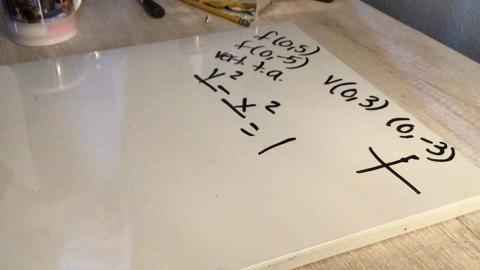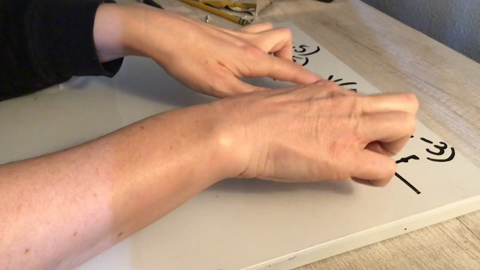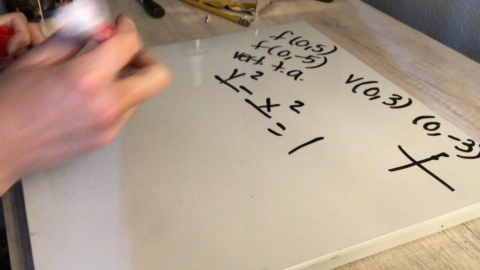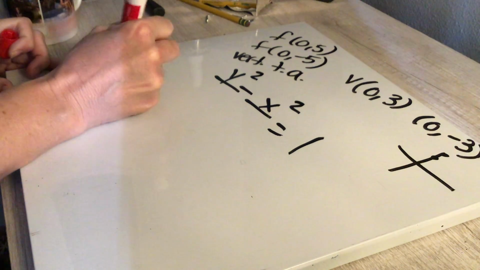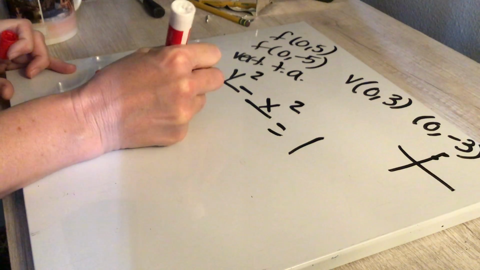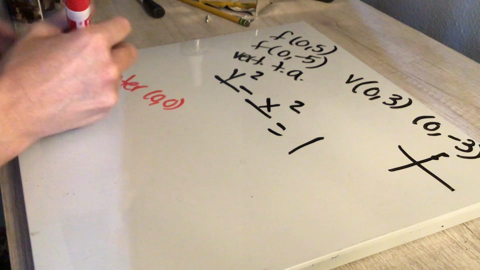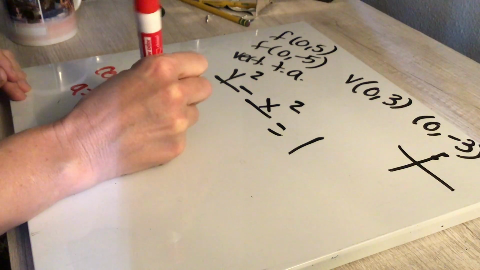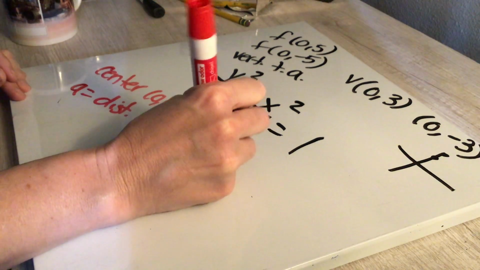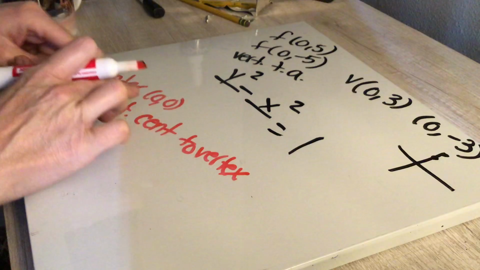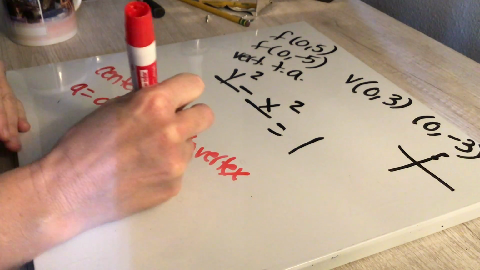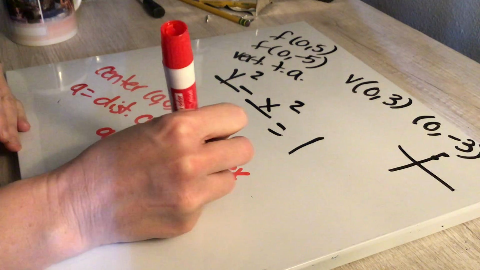Okay, so the center's at 0, 0 because it's equidistant between the vertices. And a is the distance from center to vertex. So from 0, 0 to 0, 3 is 3 units. So a is 3, which means a squared is 9.